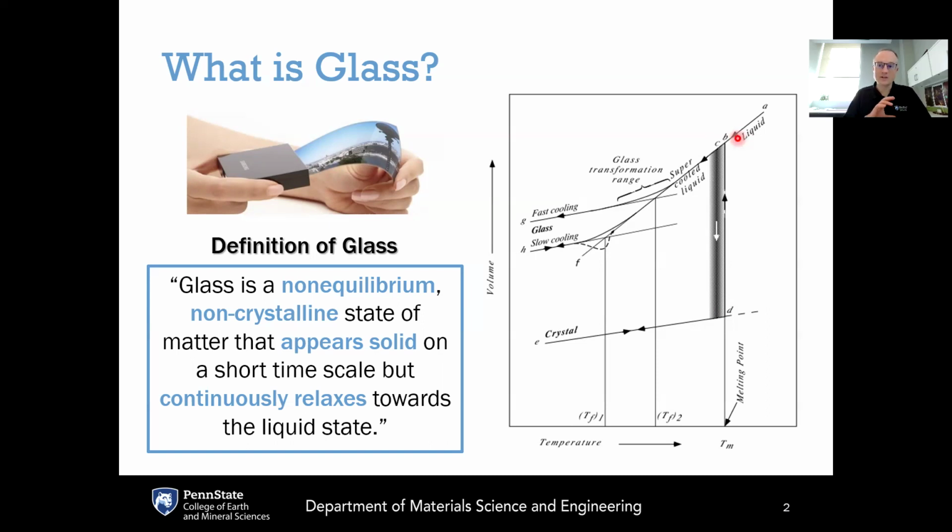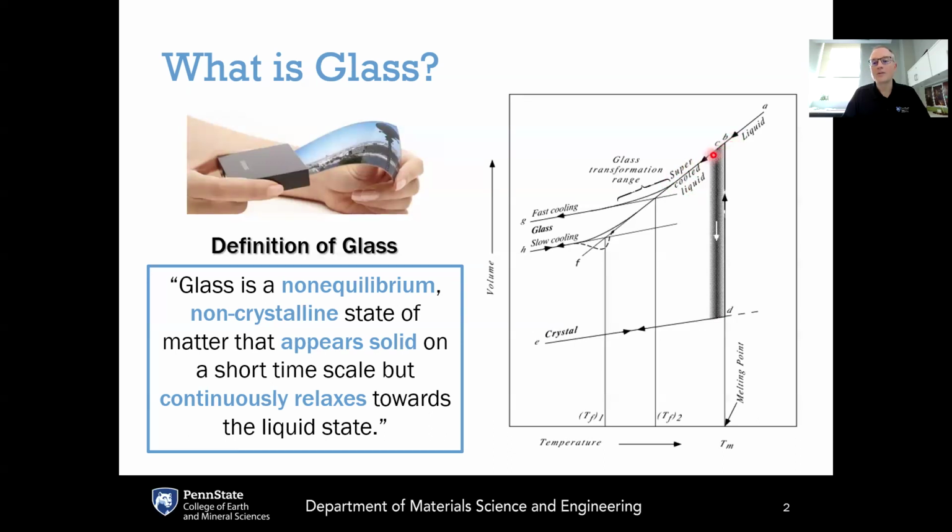In other words, it takes a lot more time for the atoms in silica to rearrange themselves to be able to form a perfect crystalline lattice. Because of this, it may be possible to take liquid silica, or any other liquid that has sluggish enough kinetics, and cool it fast enough through this shaded region here to get down into what's called the supercooled liquid regime.